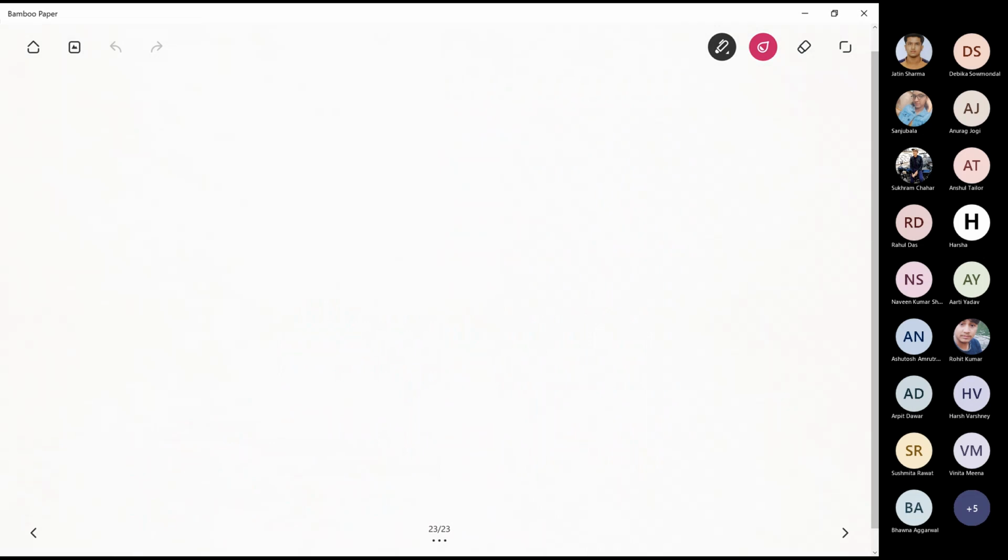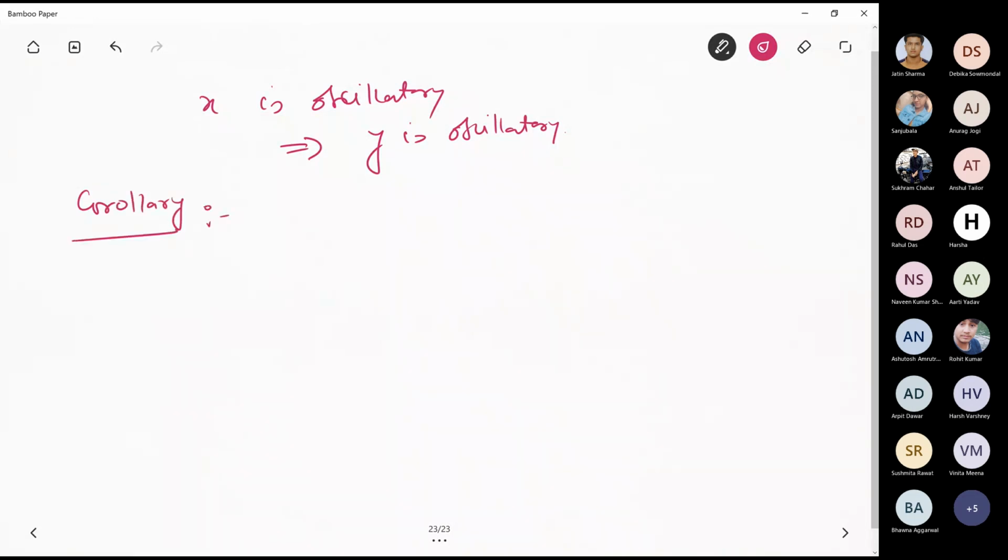X is oscillatory implies y is oscillatory. Okay. Another corollary. So for oscillatory behavior, what is important?